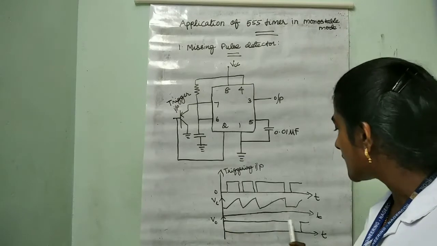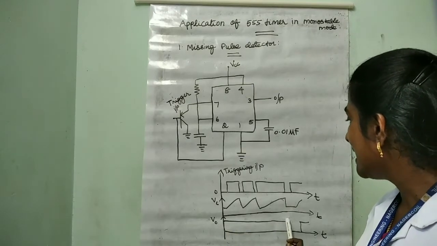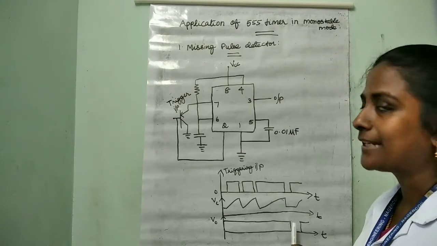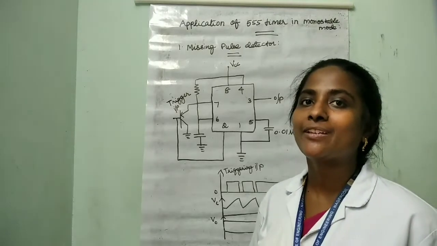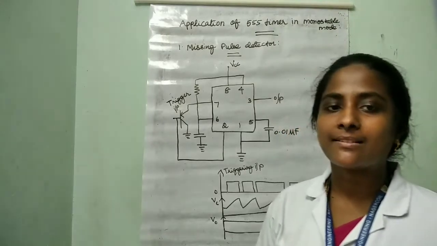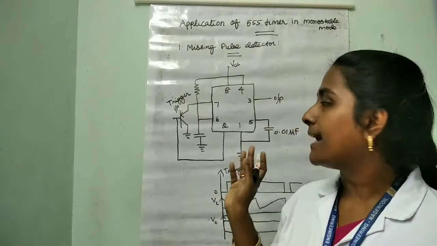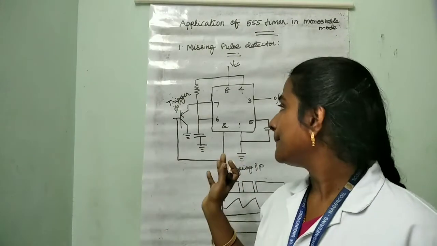This is the missed pulse, and it is obtained at the output. This is how we find the missed pulse. So we have studied the missing pulse detector using the pin diagram.